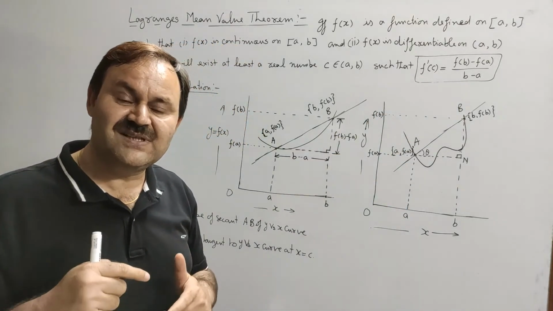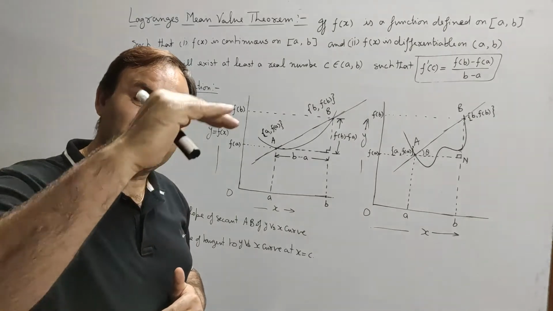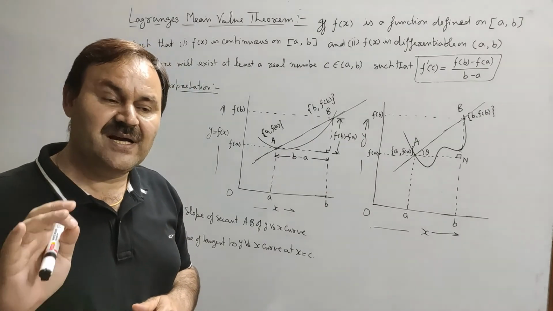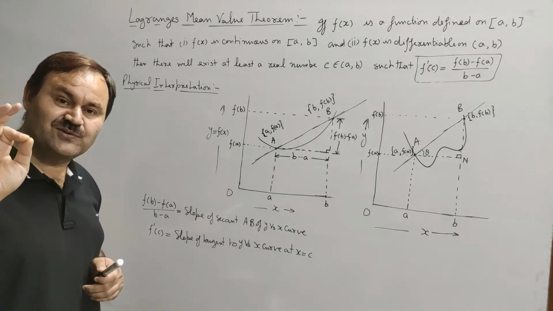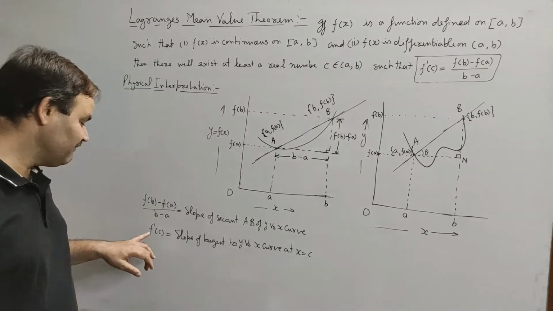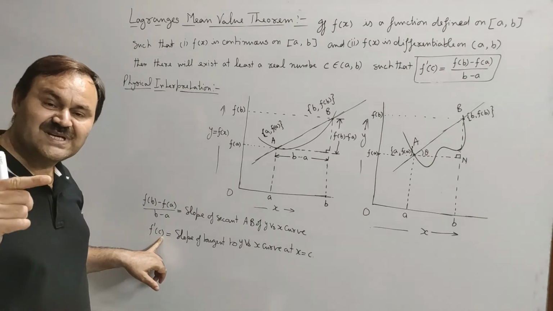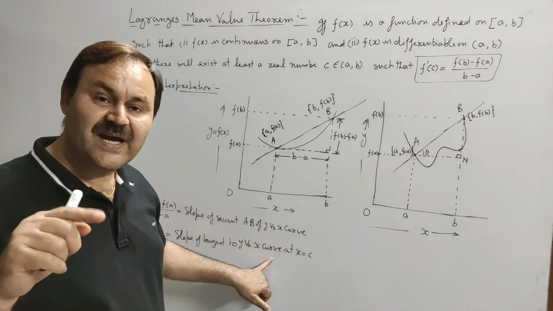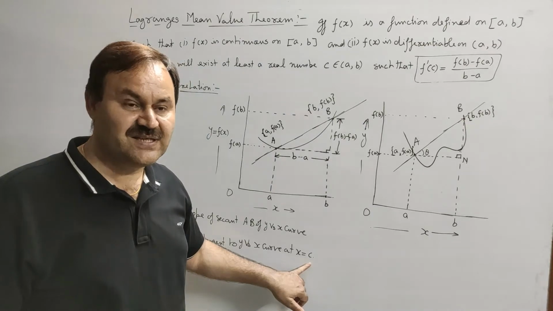Differentiation of the function with respect to x physically represents the slope of the tangent to the y versus x curve, and if f'(x) represents the general expression for the slope of the tangent to the y versus x curve, then f'(c) will represent the slope of the tangent to the y versus x curve at that point for which the value of x is c.